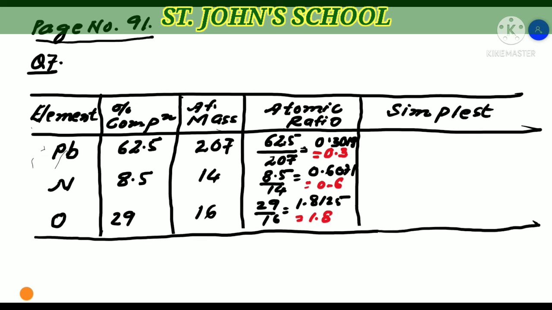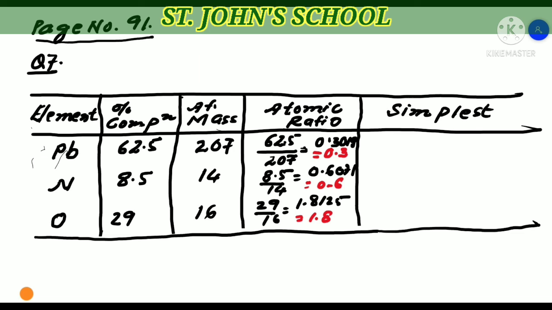Now we'll find the simplest ratio. For the simplest ratio, we check the smallest atomic ratio. The smallest atomic ratio is 0.3. By this smallest atomic ratio, we divide each of the atomic ratios to get the simplest ratio.